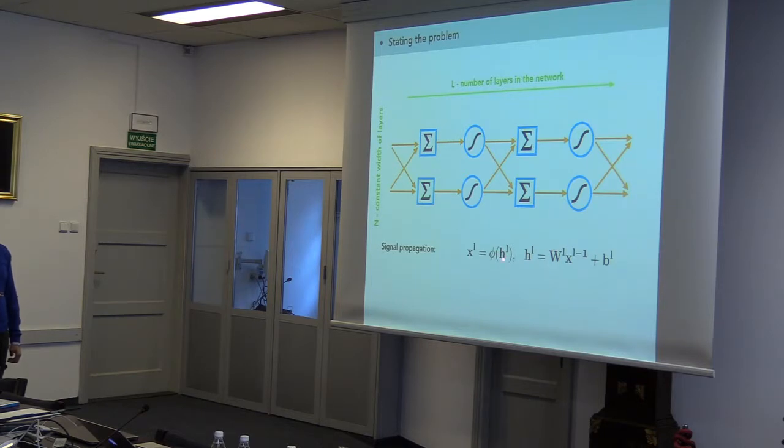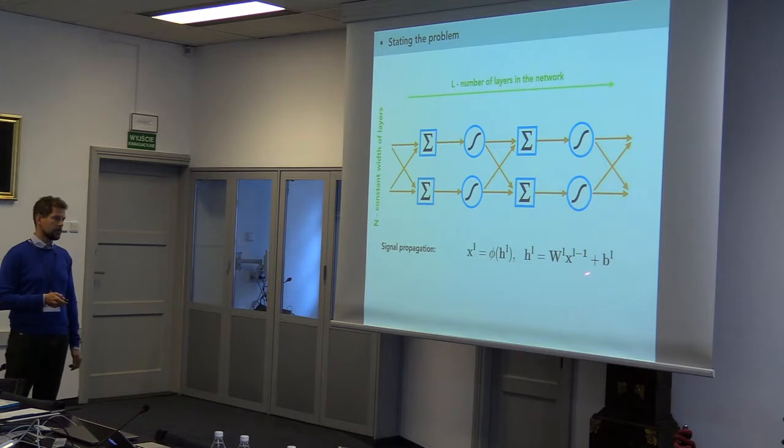These are vectors, so the elements of the vectors are just the numbers associated with the neurons within a given layer L, and the pre-activations are what you get out of taking the inputs from the previous layer and acting on them by multiplying them by the weights here. Okay.